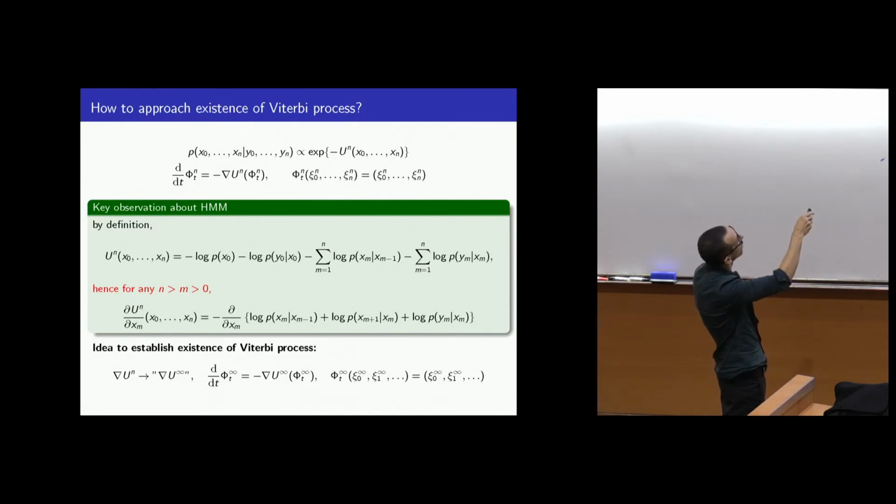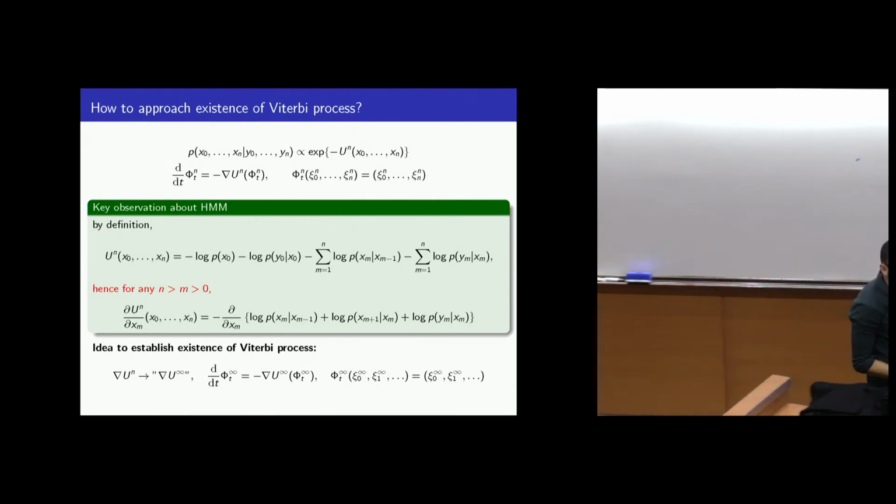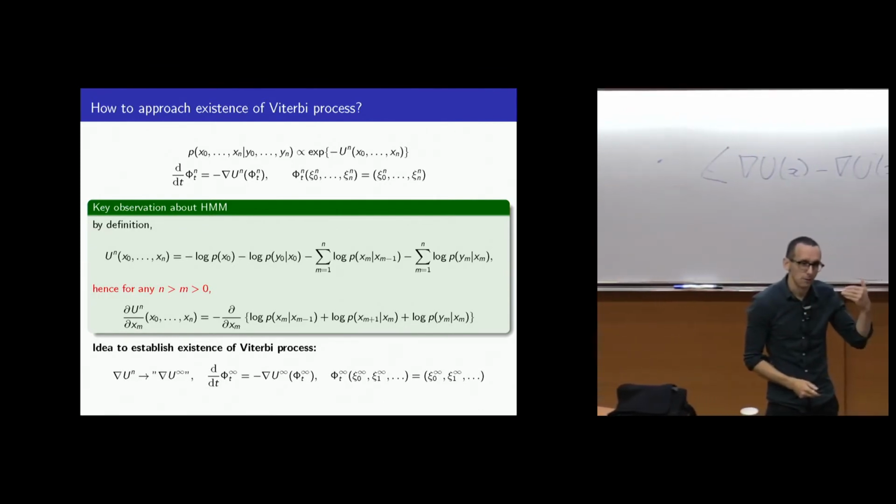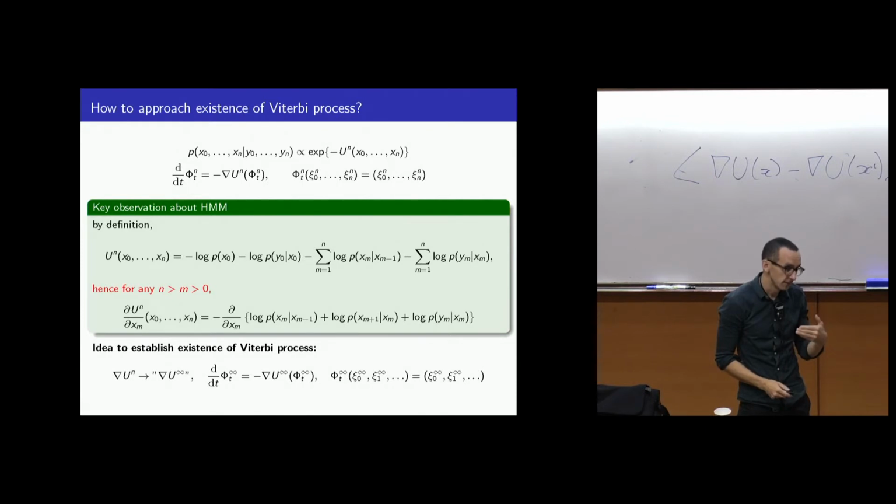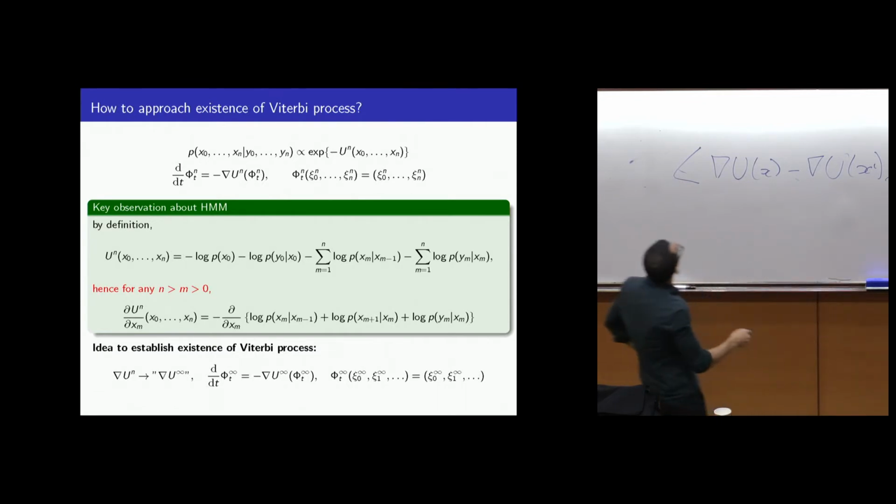I'll denote this idea gradient of u infinity. I stress it's not the gradient of the limit of a function, right? It's the limit of a sequence of gradients of functions. Okay, I'll make it precise in a minute.